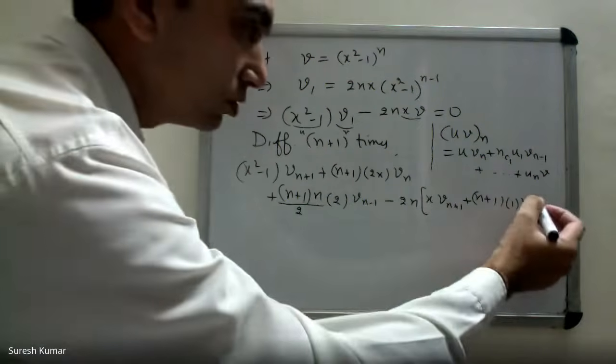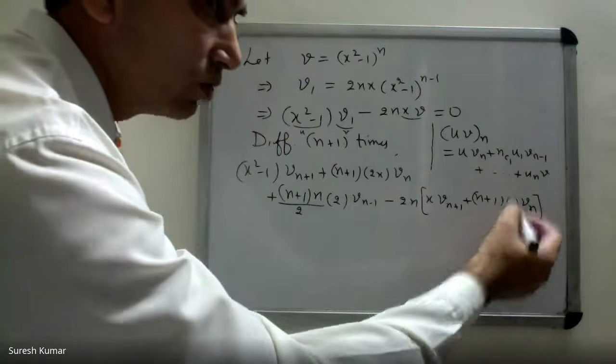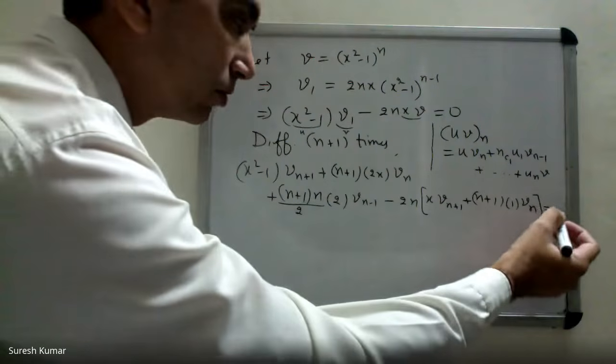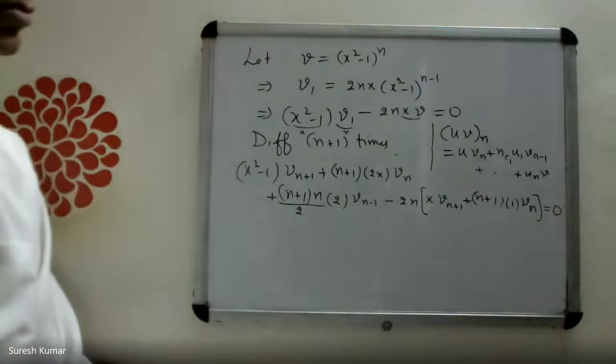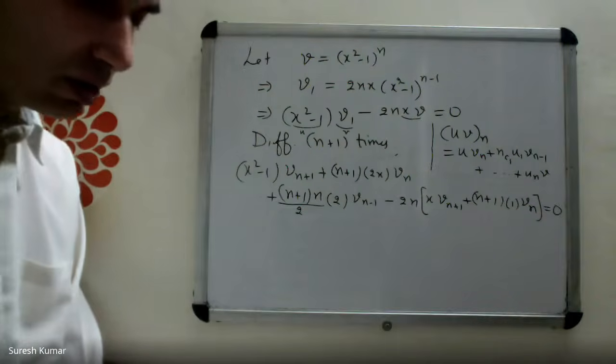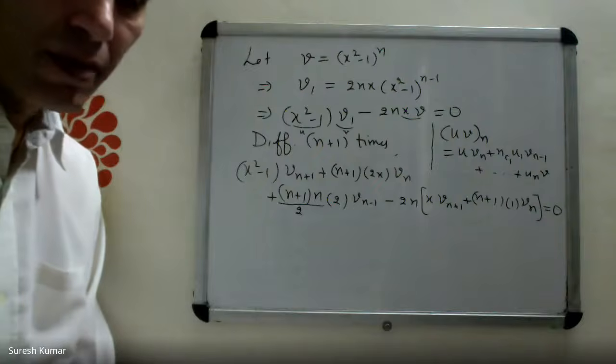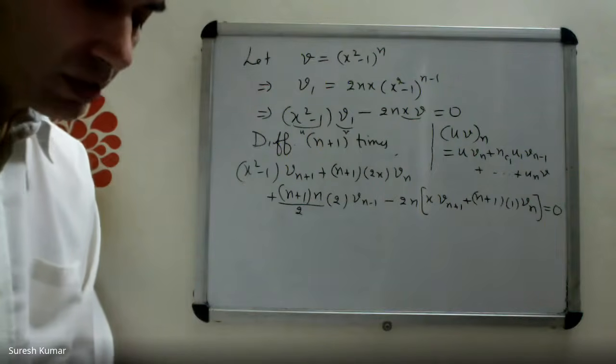After that, you need not do anything, because the derivative of 1 in the next step would be 0. So hope you understand this. Any doubt you can ask me.